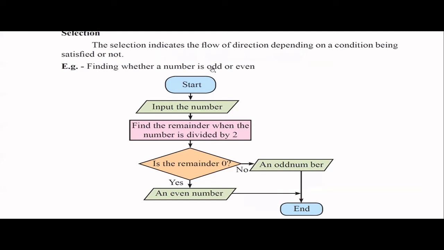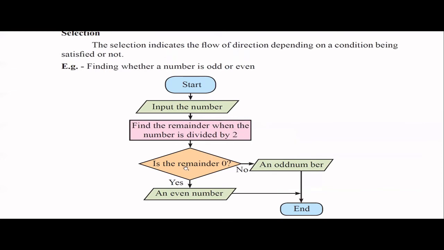For example, if the number is 5, you divide 5 by 2 and your remainder is 1. A remainder of 1 means odd, so 5 is an odd number. If you take 4, your remainder is 0, so 4 is an even number. So here, the process is to find the remainder by dividing by 2.